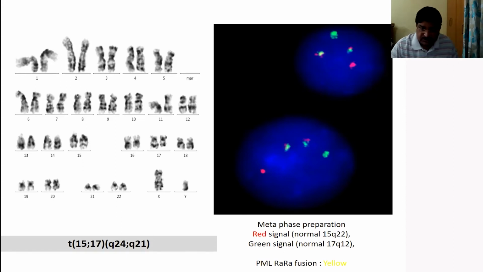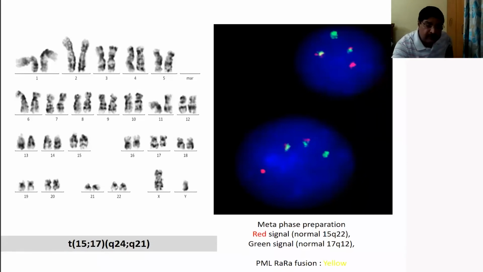So this is a metaphase preparation. You can find that the red signal is normal and the green signal is also normal, and there is a fusion when it is yellow in color. So red and green are normal, and the fusion signal will be yellow, just like you have in the t(9;22) translocation.